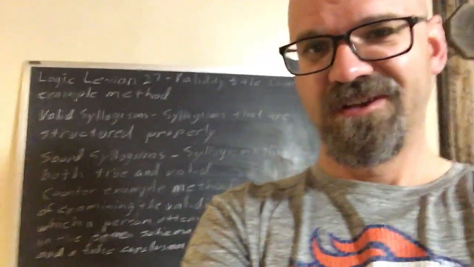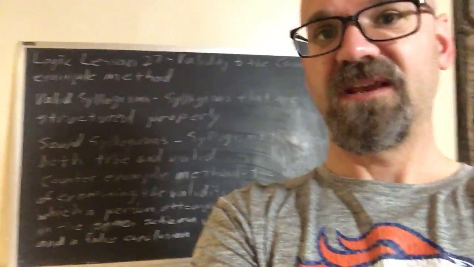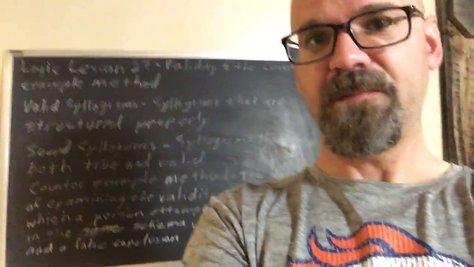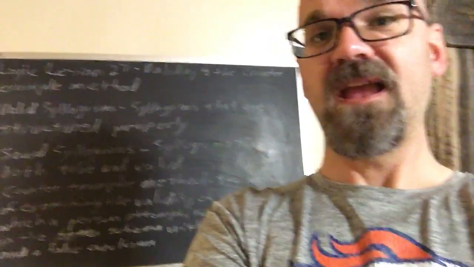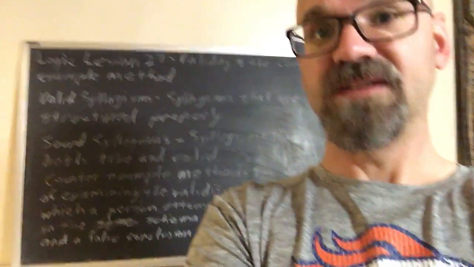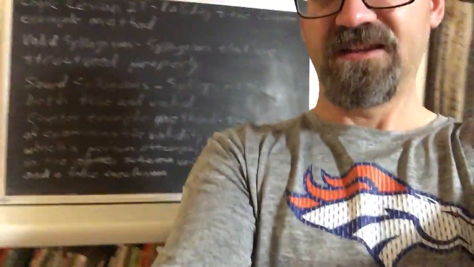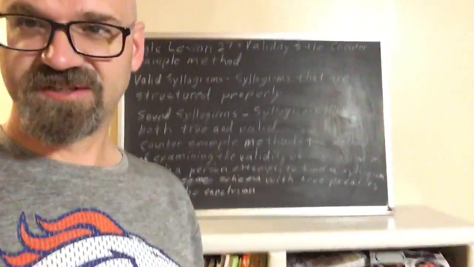It means that the syllogism has the potential for being a sound syllogism. If it is structured correctly and properly, that means it's valid. However, just because a syllogism is valid does not necessarily mean that it's true. You can have a valid syllogism that isn't true, which sounds odd.